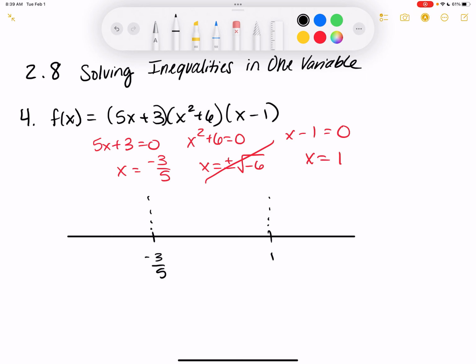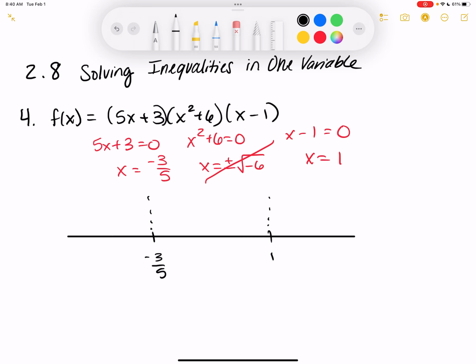So, a number that's a little bit smaller than negative 3/5 would be what? Do something that's really easy, like a whole number. How about negative 1? That would work.